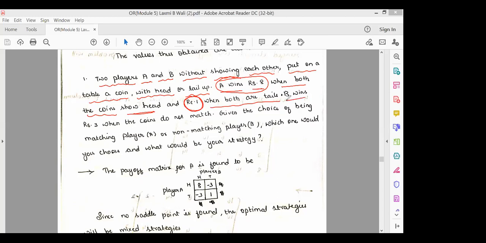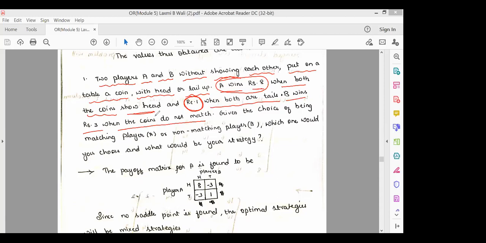So B wins ₹3 when the coins do not match. What is happening here? There are two players who are throwing the coin. If both are head or both are tail, then player A is winning. If they don't match, if one is getting head and another tail, then player B is winning.